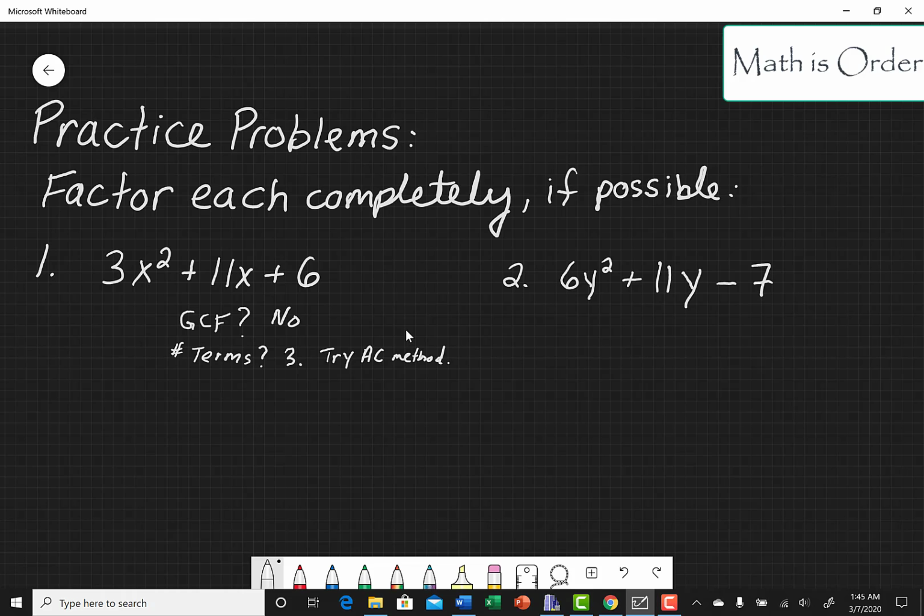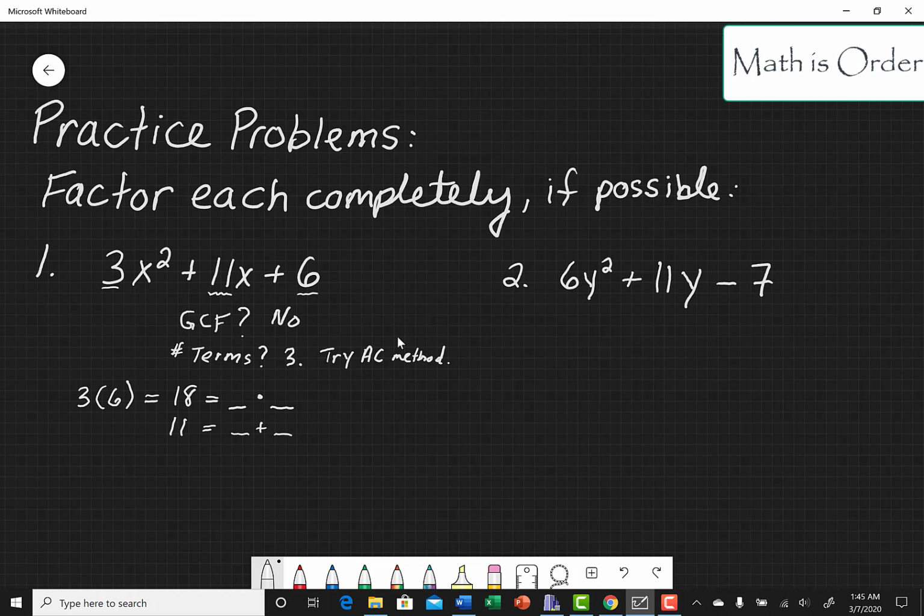All right, AC method says to look at the coefficient of the leading term and to look at the constant term and multiply these, and then ask, are there any 2 numbers that multiply to give AC or 18 and that also add up to the middle coefficient or the coefficient on X, which is 11 in this case?